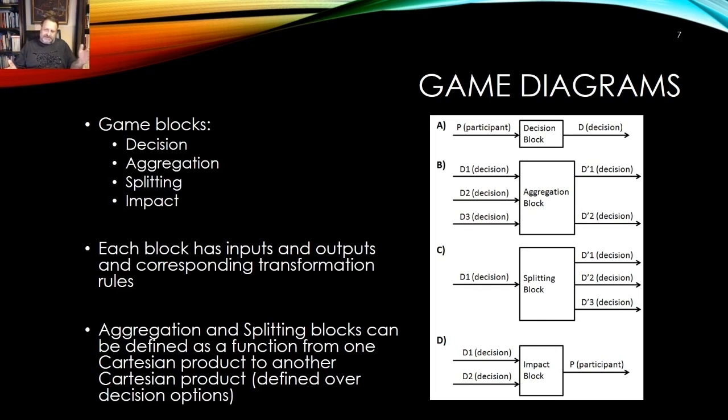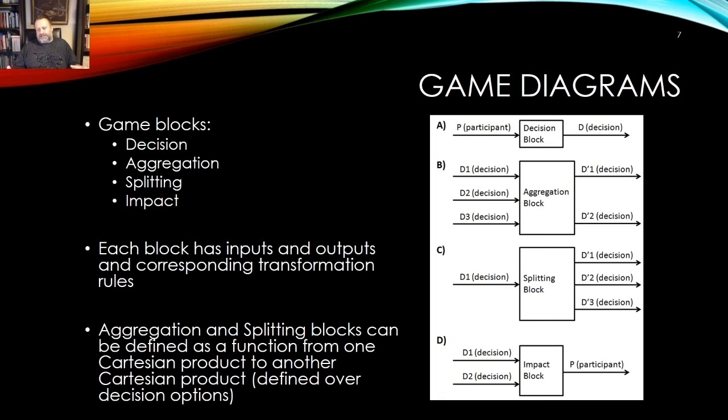These are the decision blocks, the aggregation blocks, splitting blocks, and impact blocks. Now, the decision blocks represent the decision made by participants. Aggregation block represent the transformation of a set of decisions into another set of decisions. The splitting blocks derive from one decision a number of other decisions.